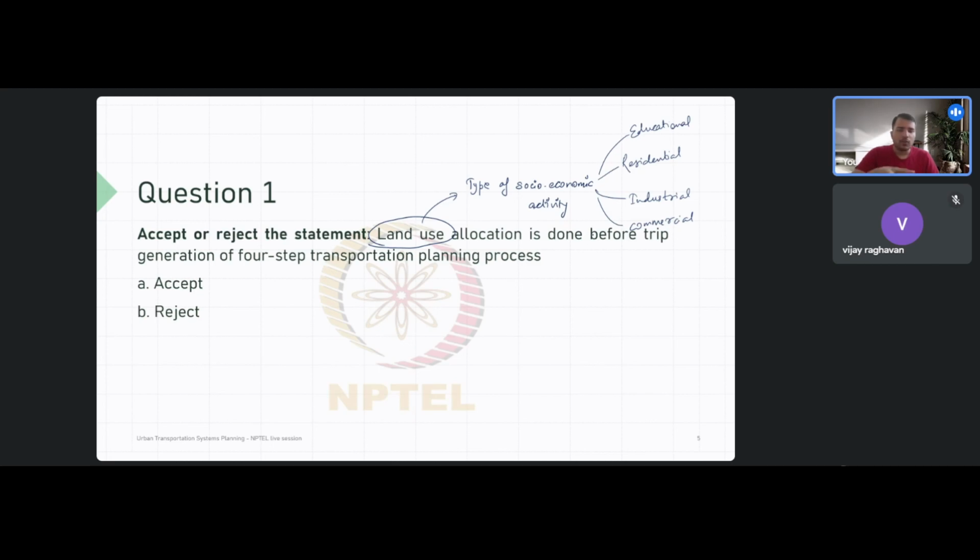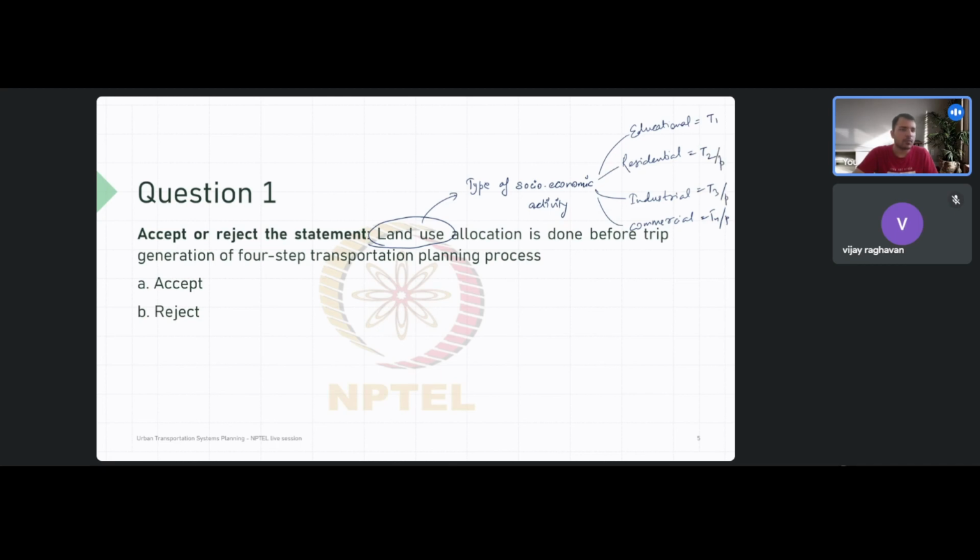So when we know that this land is used for residential or educational or industrial or commercial, generally we can predict a trip rate for each of these land uses. So if we have the land use for educational, we can predict the trip rate as T1, let's say T2, T3, T4. This will be per person.